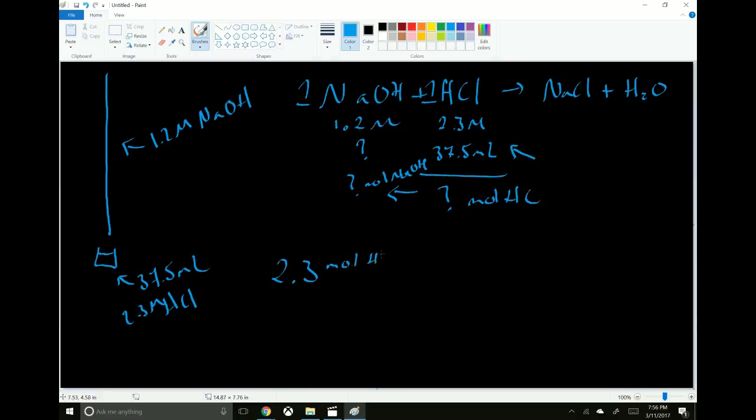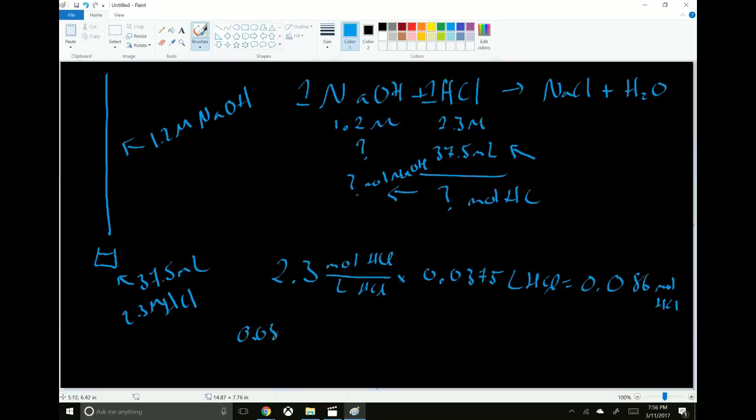2.3 moles HCl per liter of HCl times 0.0375 liters of HCl equals 0.086 moles HCl.